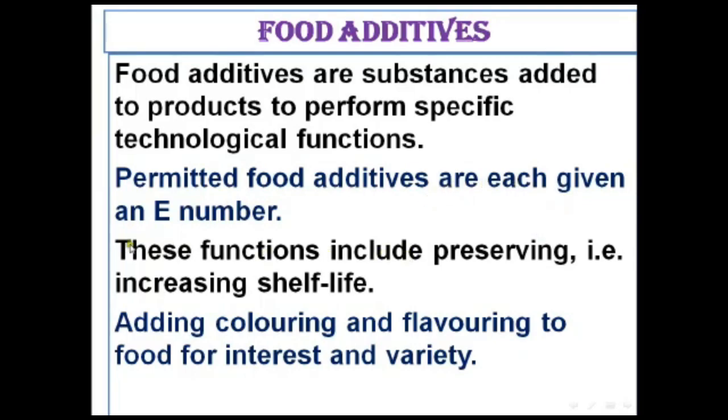Each permitted food additive is given an E number. These functions include preserving, that is increasing shelf life. Also they are added as coloring and flavoring to food for interest and variety. So these are the different food additives which we are adding.